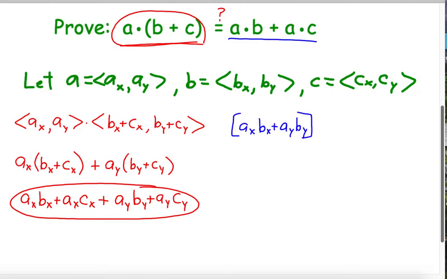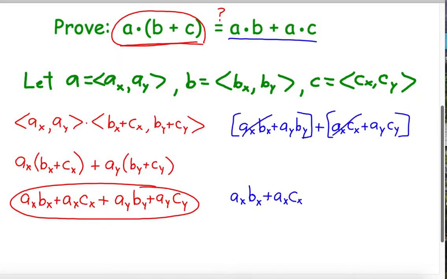So that's going to give me a value, a number, plus, and now let's do the dot product of A and C. So that's going to be A sub x, C sub x, plus A sub y, C sub y. And these are all values. I'm adding them together, so I can put them in any order we want because addition is associative. So let's say I want to rearrange this, and let's put all the x component values together.